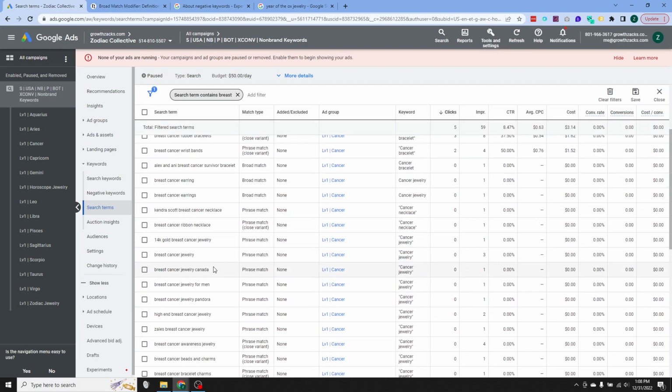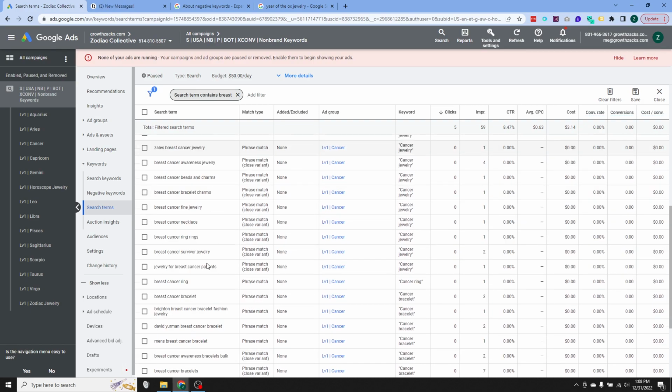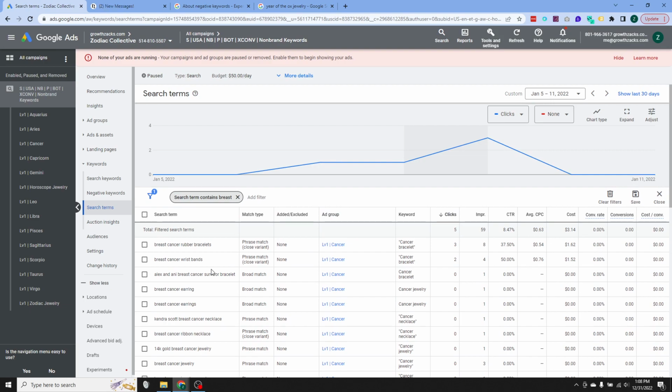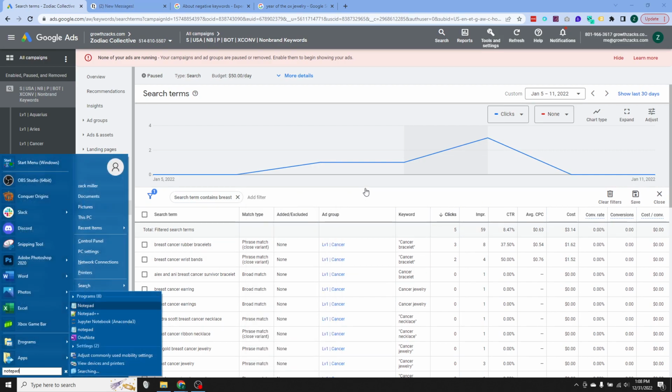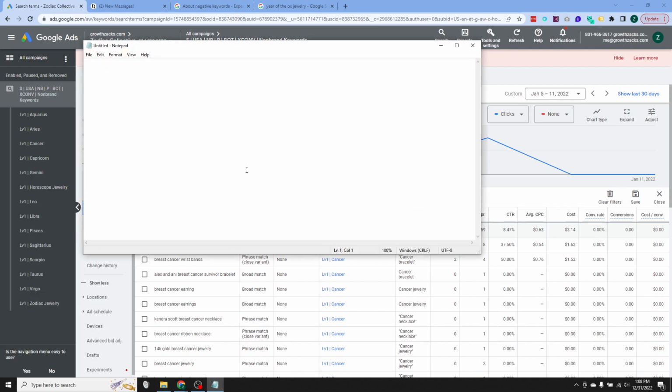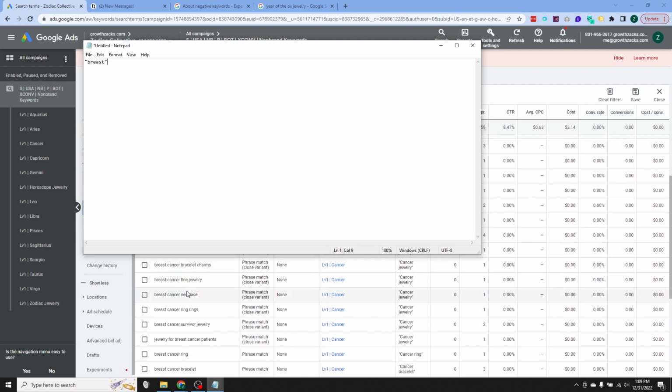So now let's see if there's anything that is breast without cancer that might be relevant, because what I like to do is use phrase match negatives. So just to pull up a notepad, I would do this, because after looking at this, it's pretty clear that anything with the word breast in it is probably going to contain the word cancer.